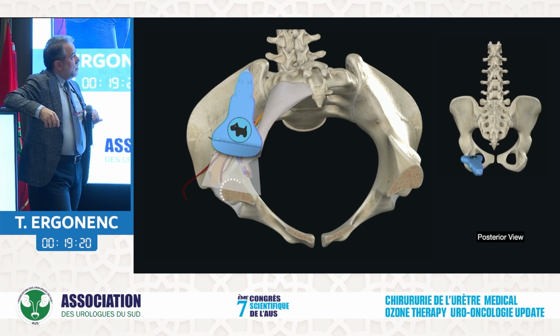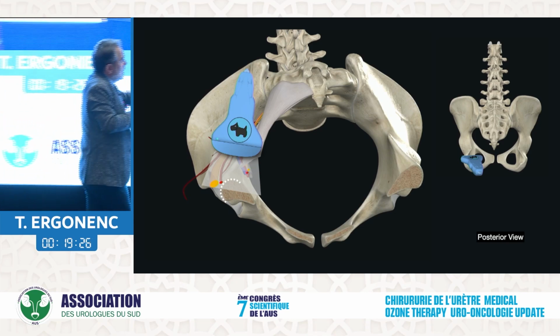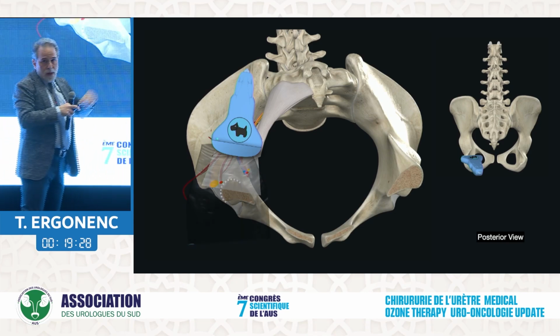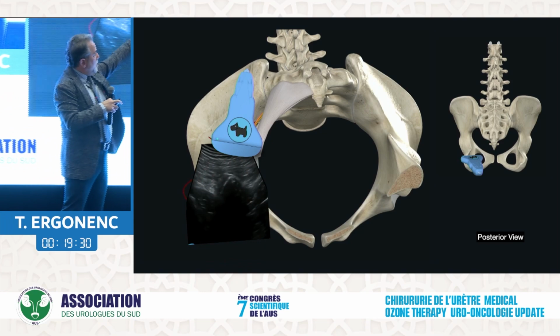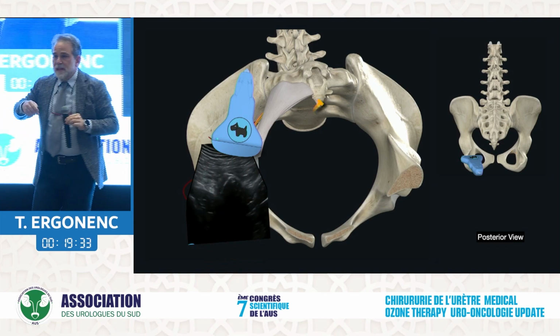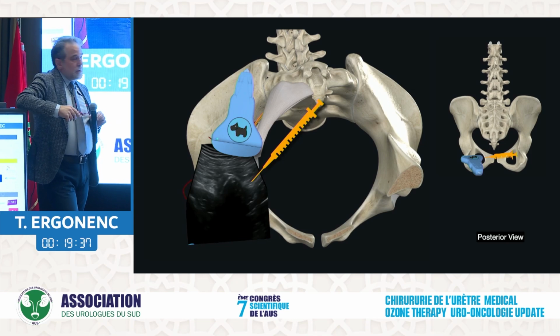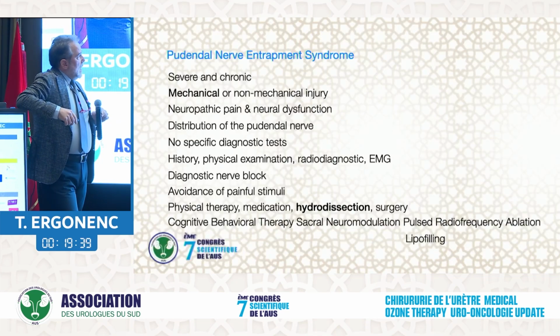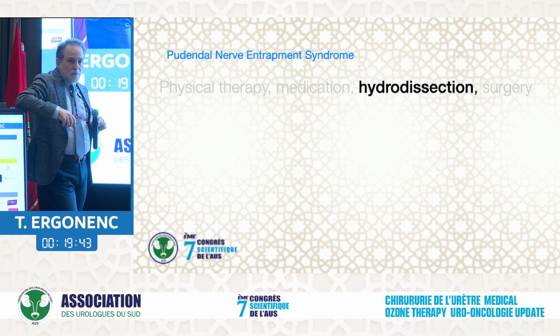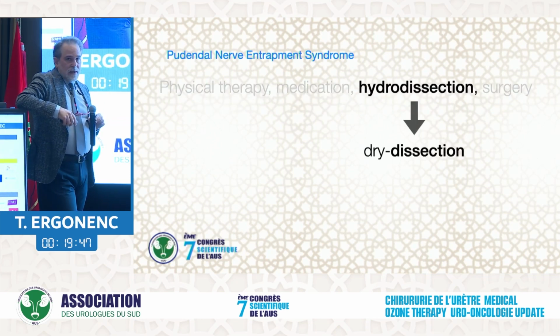Of course, you can do your procedure with a medial to lateral in-plane approach. This is the sciatic nerve, this is the pudendal nerve. There's a bone here, that's why it's safer than the other approach. Medial to lateral. Okay, I call that hydrodissection, but in my daily practice I'm using dry dissection.